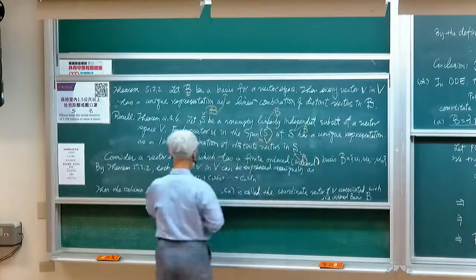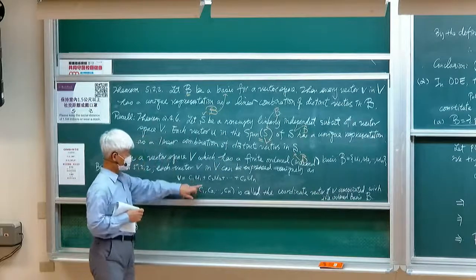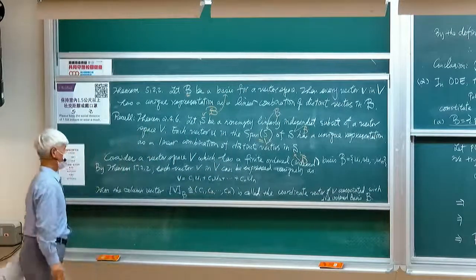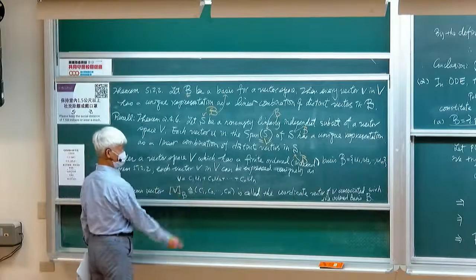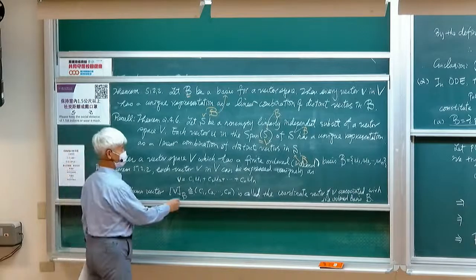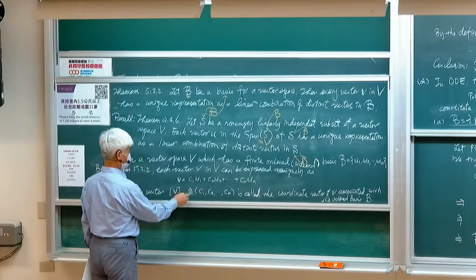So one by one, this is the first component, second component, etc. This one is called the coordinate vector of v associated with an ordered basis B.